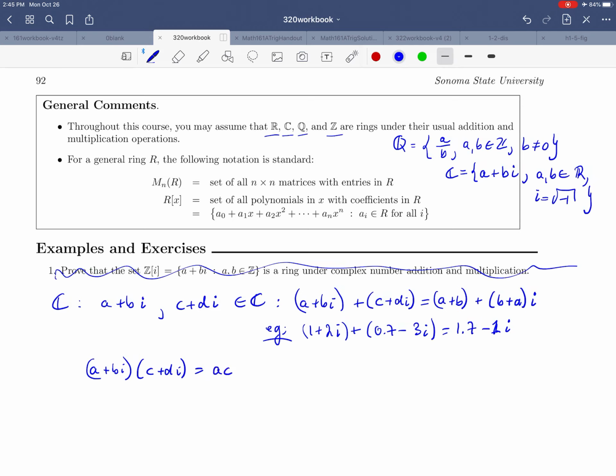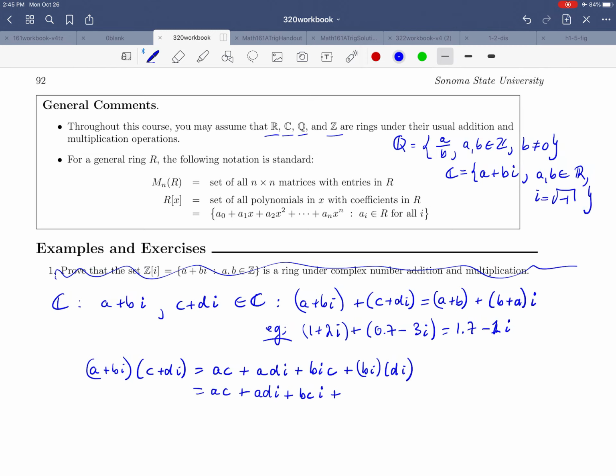So we have a times c, then we have a times di, and then we have bi times c, and then we have bi times di. This is AC plus ADI plus BIC. B and C are real numbers, i is our square root of minus 1, I can write that as BC times i.